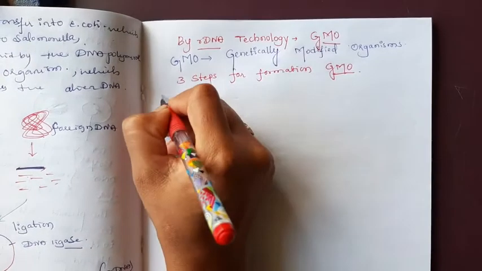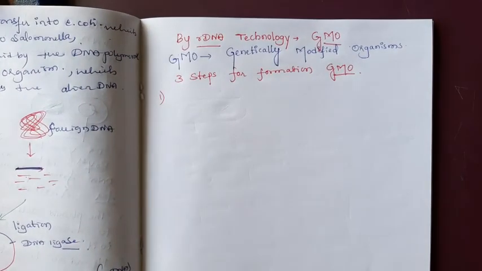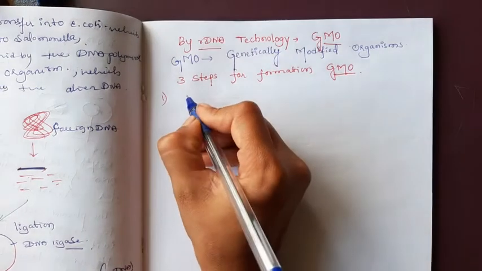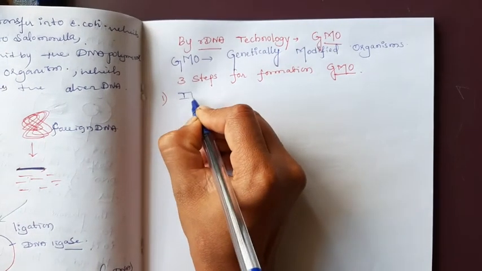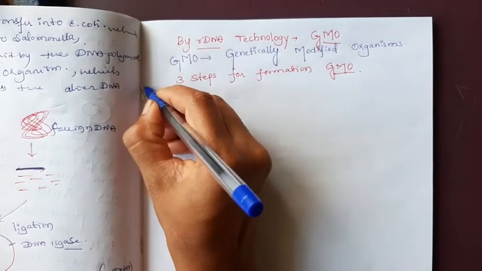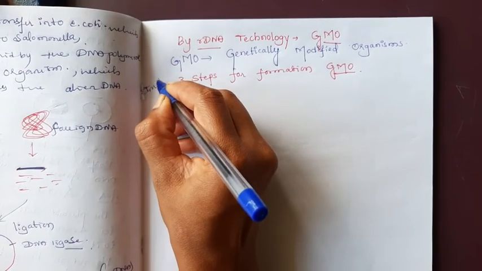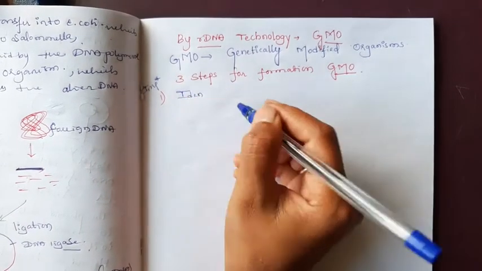What are those? Now we can discuss that. First one, identification of DNA with the desired gene. These steps are very important, student. I will write here important. It will come for 2 or 3 marks.